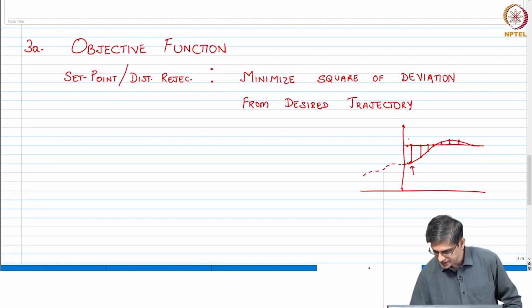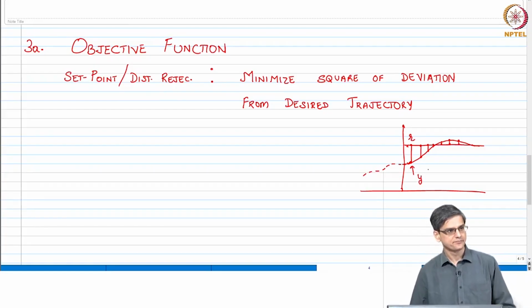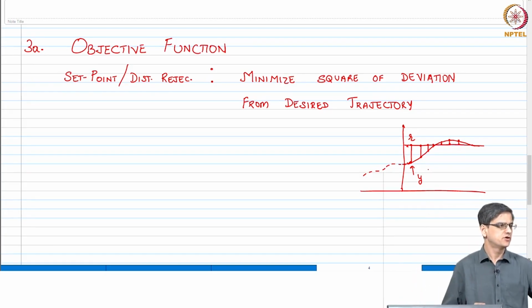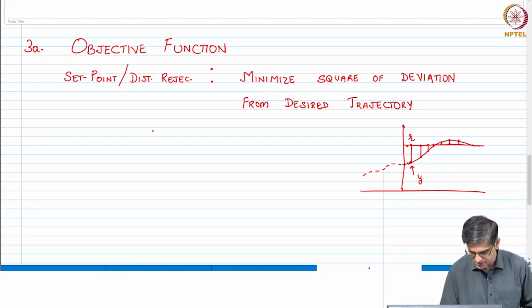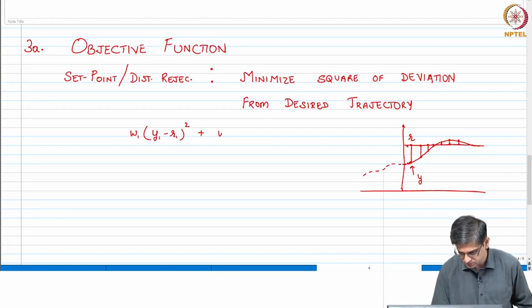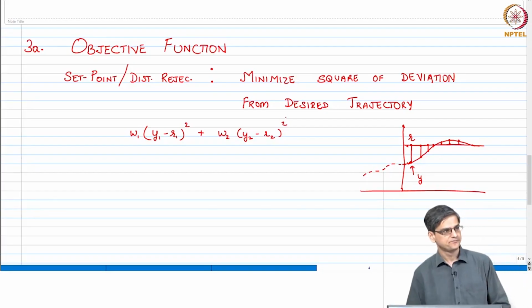Let us look at this particular point. Okay. Let us say this is R, this value is Y. Okay. This is for variable 1, and let us say there are 2 variables and we want to minimize, let us say y1 minus r1 squared multiplied by some weight w1 plus w2 multiplied by y2 minus r2 squared.